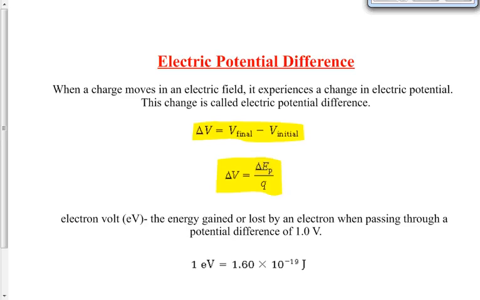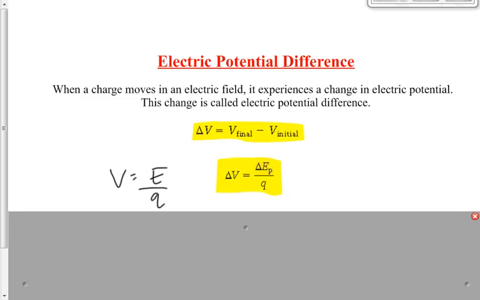Well, if potential is EP over Q, then potential difference would be delta EP over Q. This equation, by the way, appears on our data sheet. This one doesn't, but that's okay, because in the end, it's a pretty easy one, right? Potential is V, potential difference is VF minus VI. This one's the more important one.